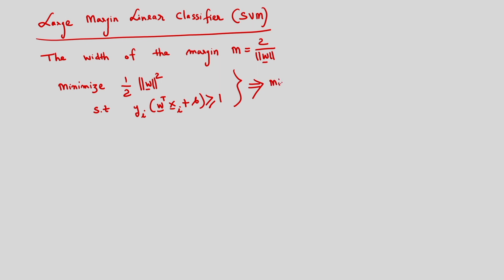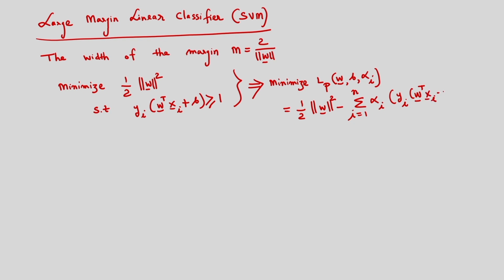The function is: minimize the Lagrangian function LP(W, b, alpha i) equal to 1 by 2 norm of W square minus summation from i is equal to 1 to n of alpha i, where alpha i is the Lagrange's multiplier, times yi (W transpose xi plus b) minus 1, subject to the condition alpha i greater than or equal to 0. So this alpha i is nothing but the Lagrange's multiplier.